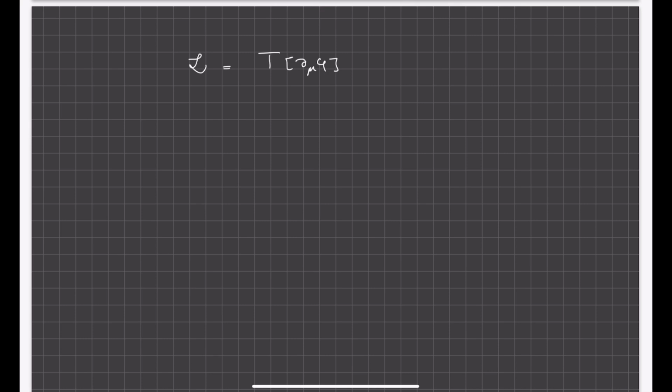But for the Lagrangian, we have this Lorentzian signature, and then we have this T which is a function of the first derivative of the field. So we treat the derivative of the field independently from the value of the field. So we say the Lagrangian depends on phi and the first derivative of the field. And again, we haven't seen an example in physics where the Lagrangian depends on the second derivative of the field.